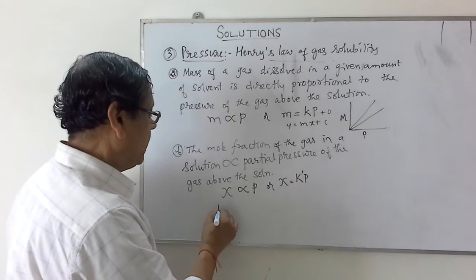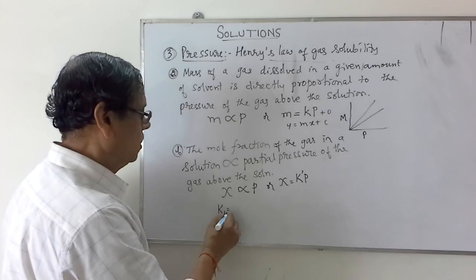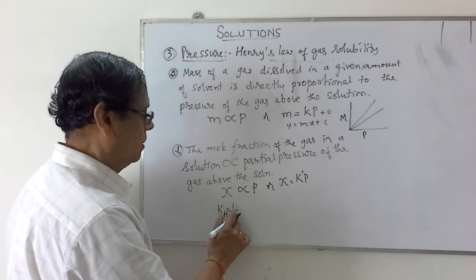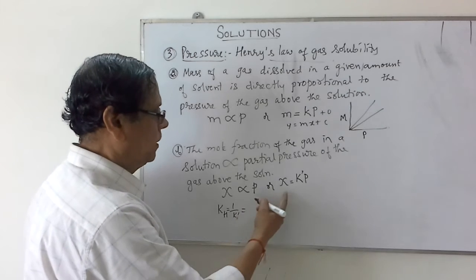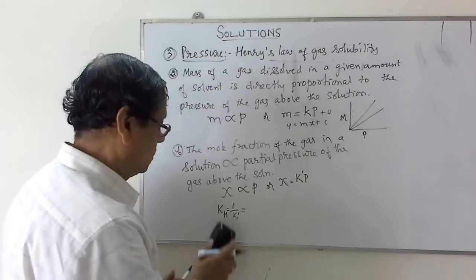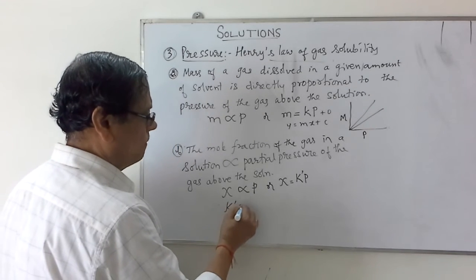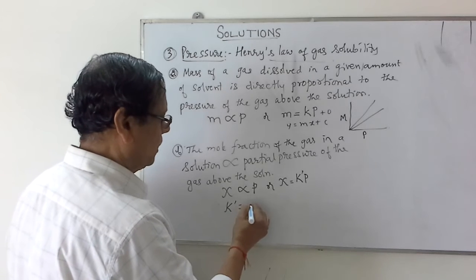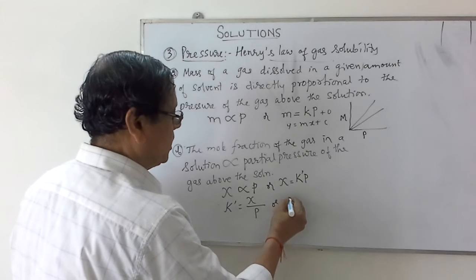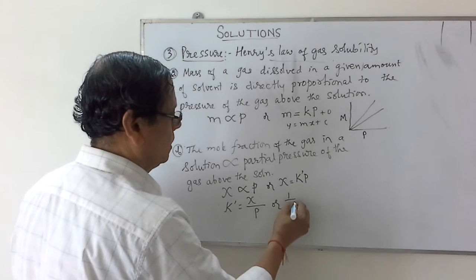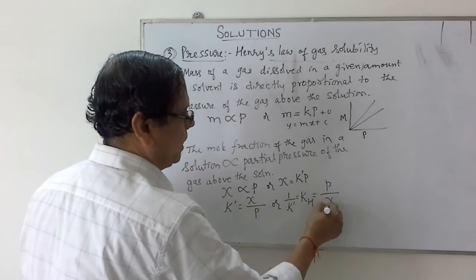Therefore, KH is equal to 1 by K dash. If you take K dash to the other side, K dash is equal to chi by P, or 1 by K dash is equal to some constant KH, that is equal to P by chi.